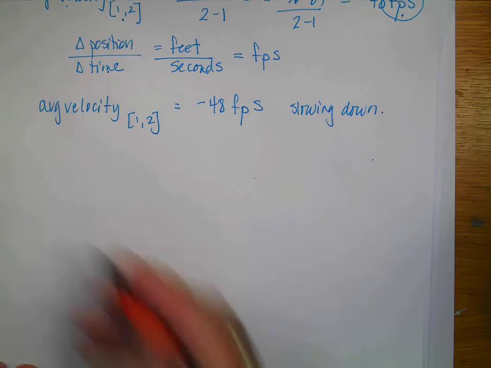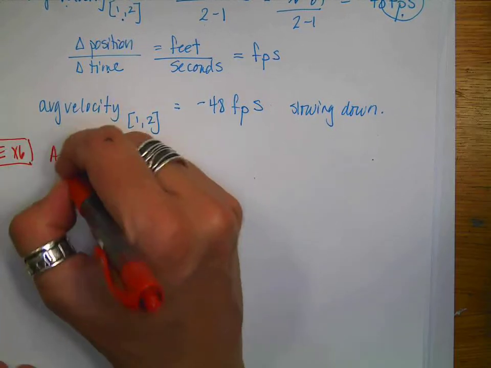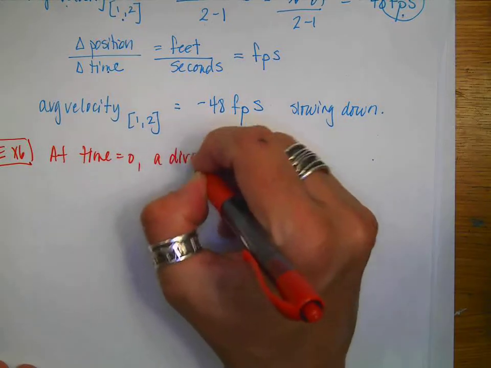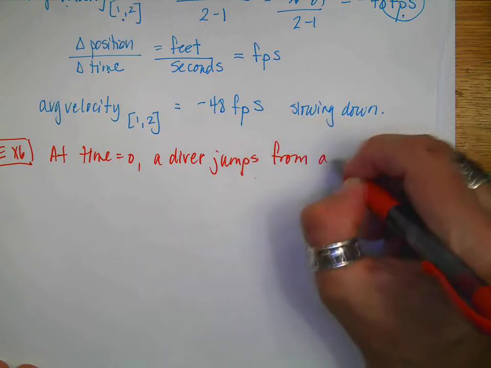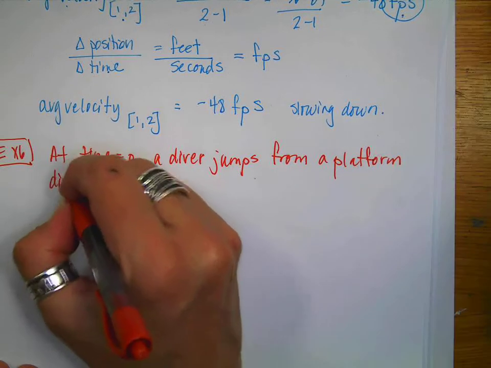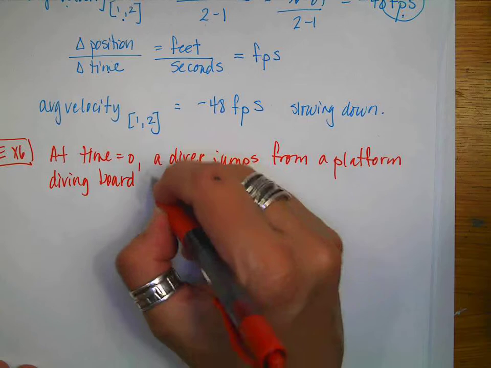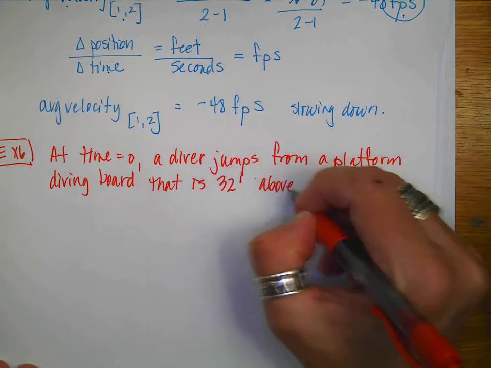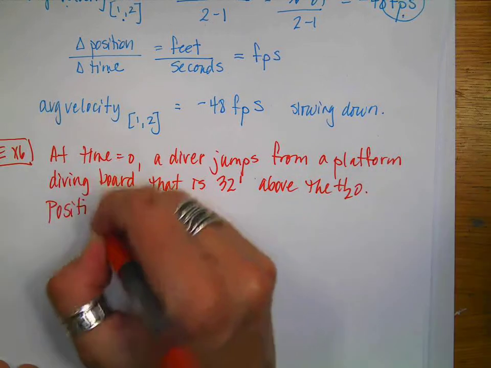All right, the next example, example number 6, is another word problem, so you have a little bit of writing to do. At time t equal to 0, a diver jumps from a platform, a diving board, writing and reading at the same time is always kind of entertaining, that is 32 feet above the water.